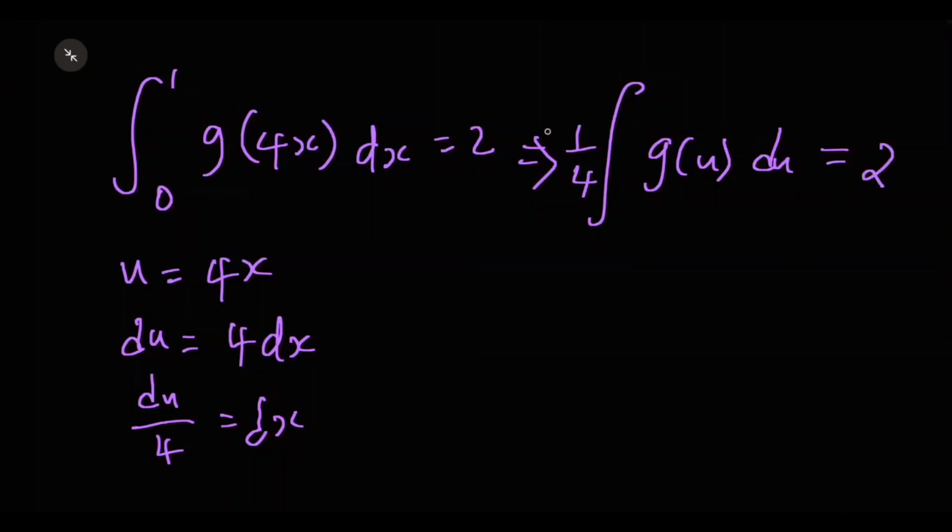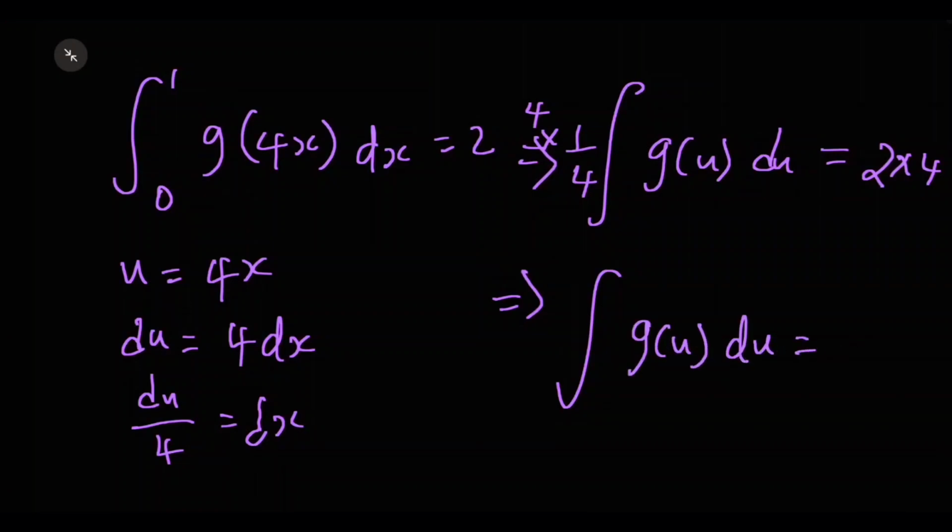So we can multiply both sides by 4, and that means our expression g of u du equals 8.